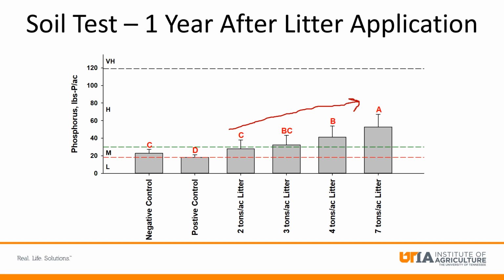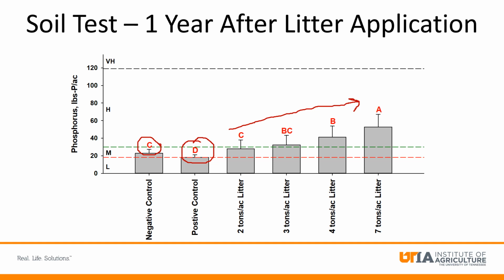In fact, we went from a scenario where we're borderline low in our phosphorus concentrations for the positive control and the negative control to, at our 3 and 4 ton rates, and even the 3, 4, and 7 ton rates, we changed our soil test phosphorus levels up to the high category.